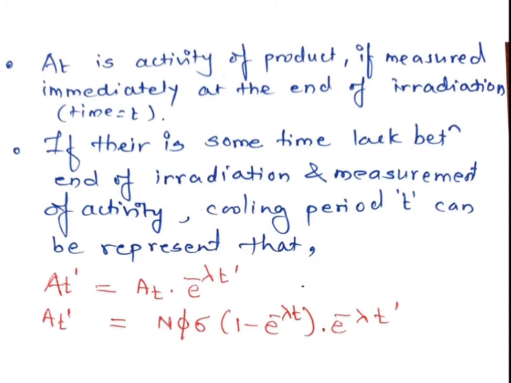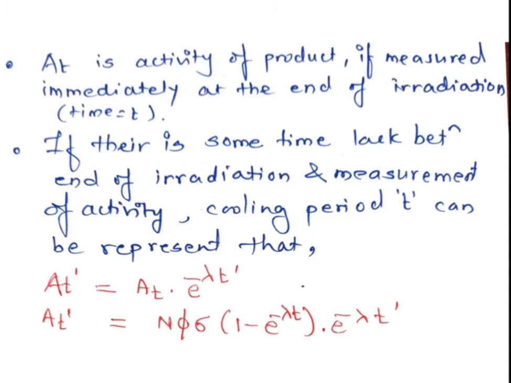So that activity is A_t', and A_t' is equal to A_t, the activity measured at time t immediately after bombardment of the neutrons on the target material, into e raised to minus lambda t'. t' means the elapsed time, and lambda is the decay constant.